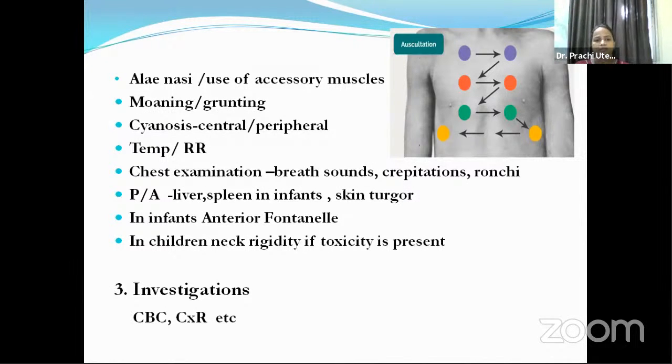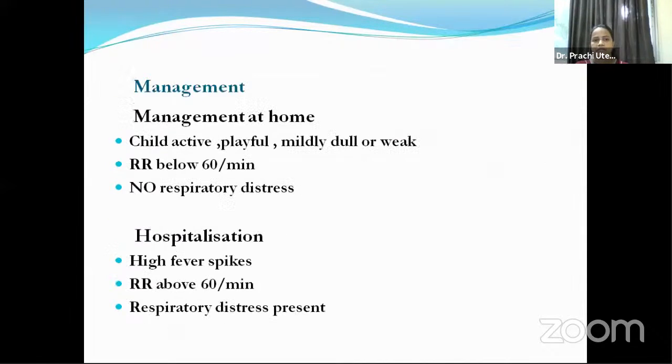Investigations: definitely we need to send them after the history and physical examination. In the management aspect, we covered two things, that is, whether we can manage it at home or whether the child is required to be hospitalized. At home, if the child is active, playful, and mildly dull or weak, still we can manage at home, and the respiratory rate is below 60 with no respiratory distress.